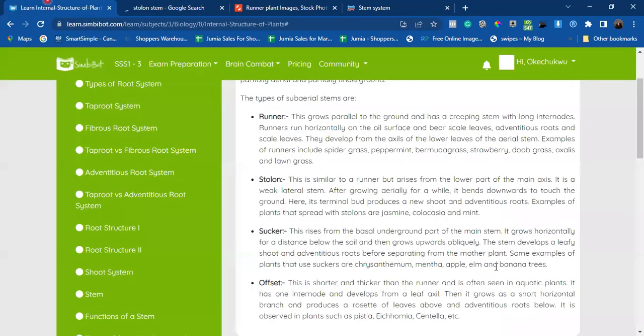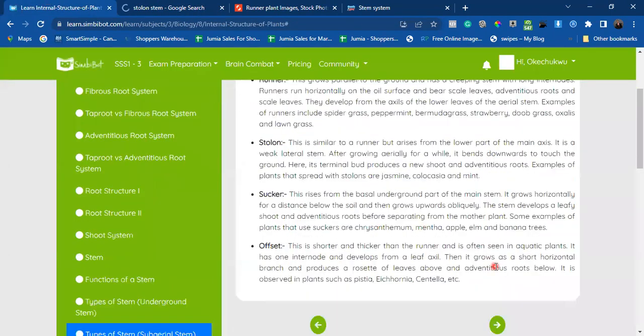We have the suckers. A typical example of suckers is banana and plantain. Banana trees are examples of suckers.